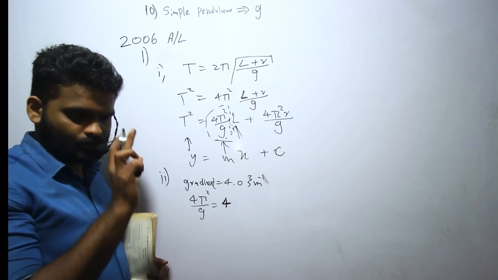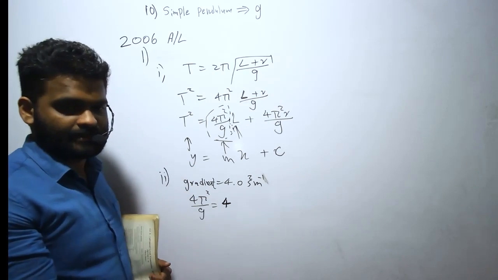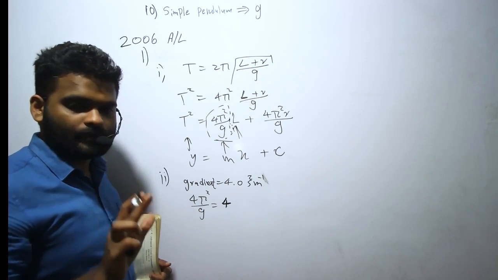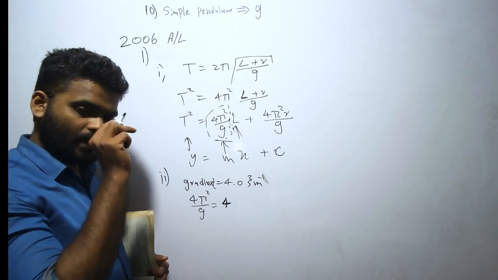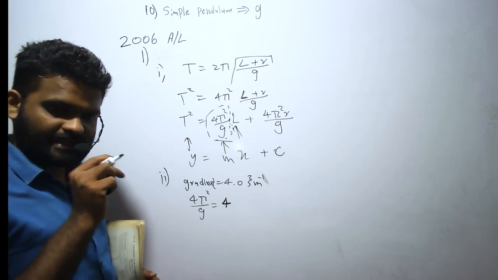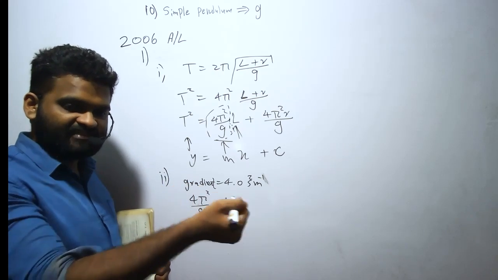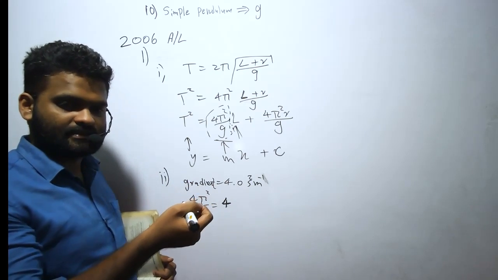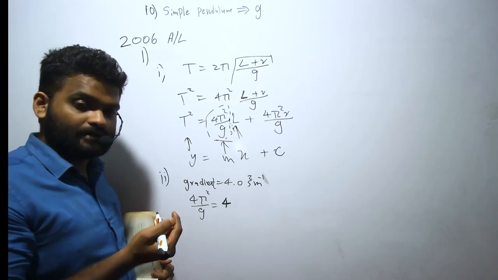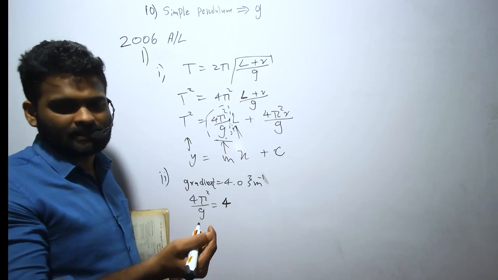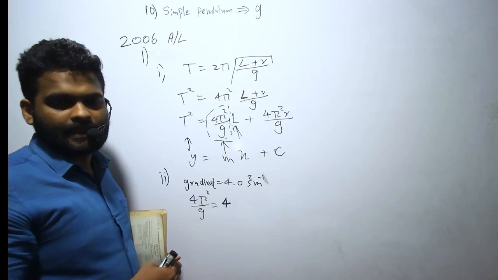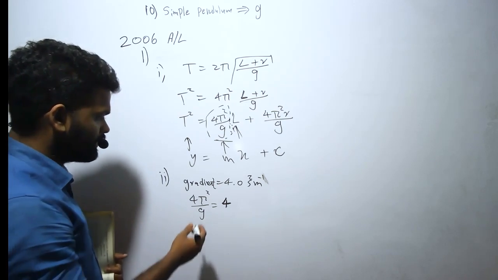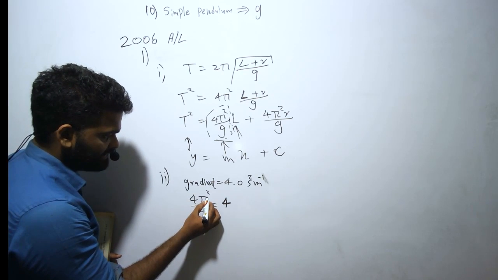You have to follow exactly what they say. Don't write 22 over 7 or something, because they are giving you a convenient method, a hint. If you follow those, you can conveniently get the correct answer. You have to follow exactly what they say in the question.